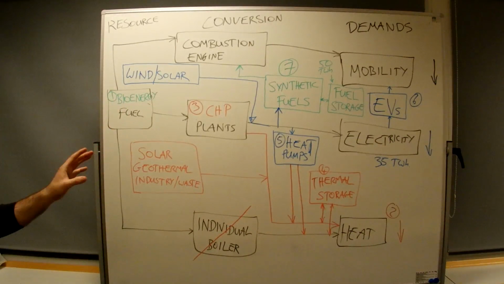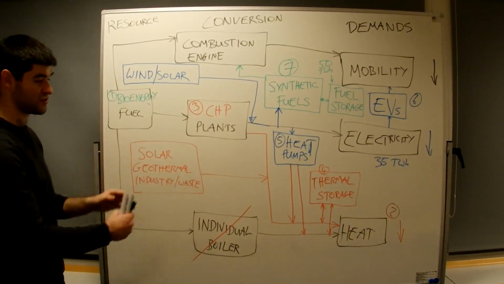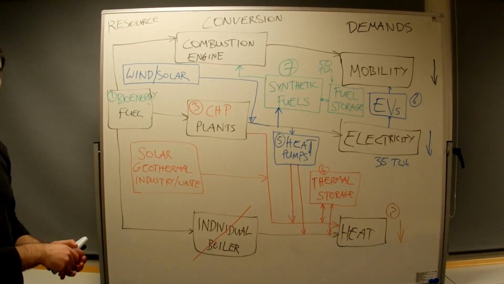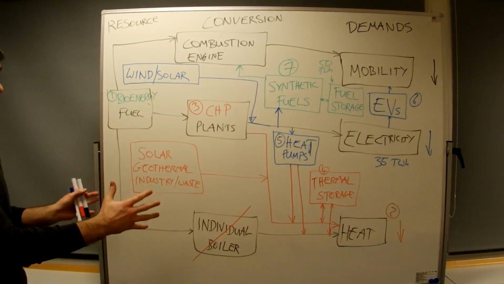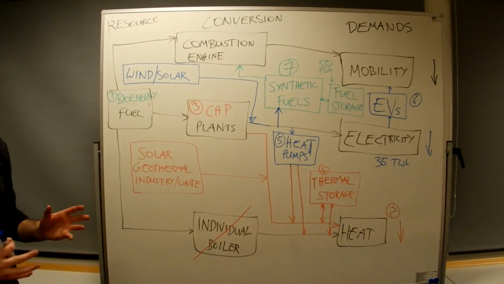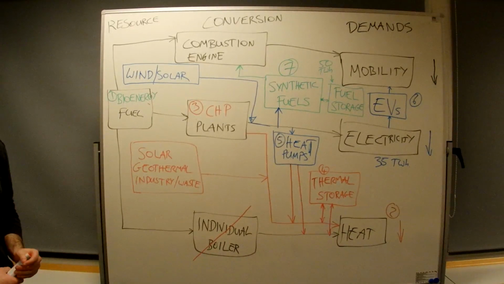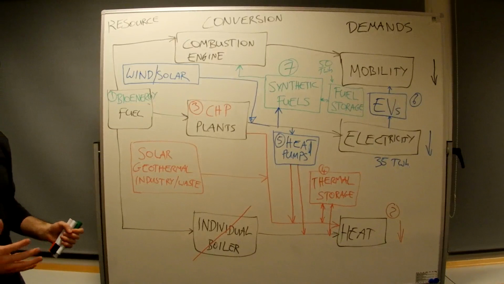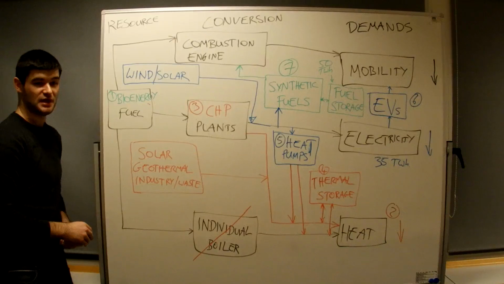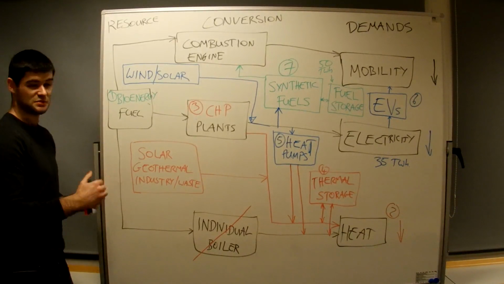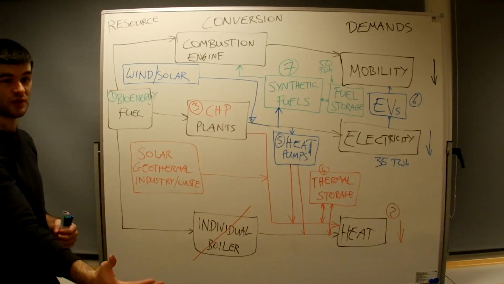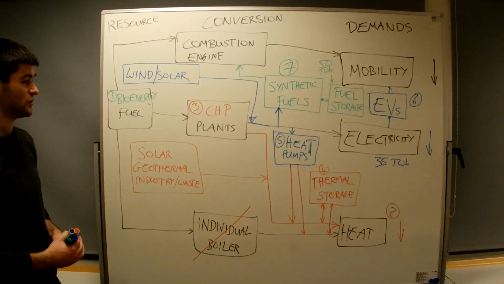And the final very important point that you need to acknowledge when you see this type of system is that the costs might be relatively similar, but the structure of the costs has changed dramatically compared to a fossil fuel world, especially if you're living in a country or a region that imports lots of its fossil fuels. For example, right now the European Union imports a lot of its fossil fuels into the region. This means that a lot of money is exported out of the European Union to other countries where we need to get those fossil fuels into the European Union.